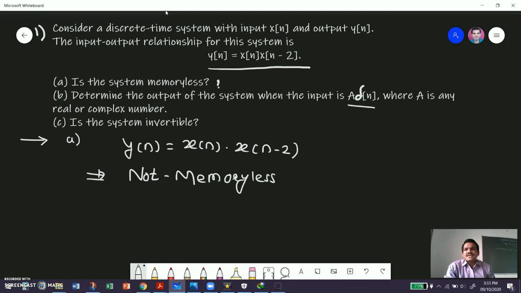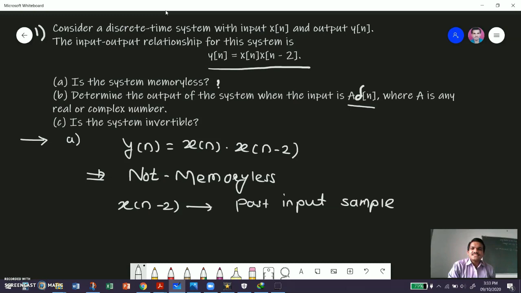Because we can see that x of n minus 2 has been given, it is nothing but the past input sample. What is the definition of a memoryless system? A system is said to be memoryless, or static, if its output depends only upon the present input sample.